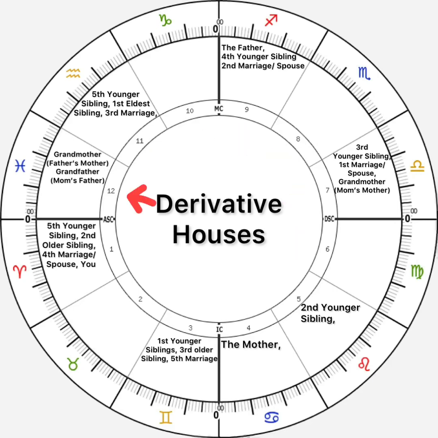And this would be the mother's father, or pop, right? And the reason, again, if we want to understand why, is because the first house represents you. 9 spaces away from that represents your father. So if we go back to the mother, we're counting 9 spaces away from her.